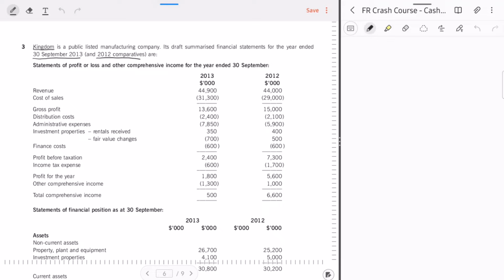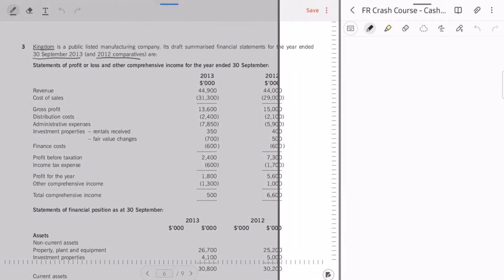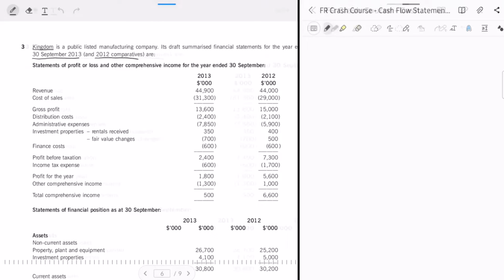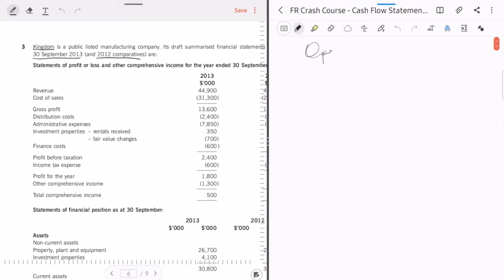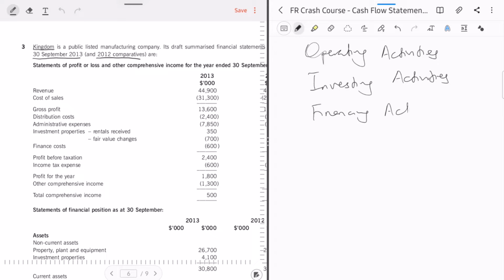And IAS 7 gives us detailed guidance as to how to prepare the cash flow statement. Now, with respect to the cash flow statement, there are three main sections. We have the cash flow from operating activities, cash flow from investing activities, and cash flows from financing activities.